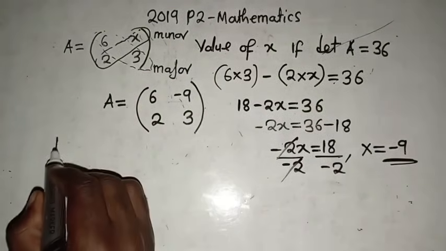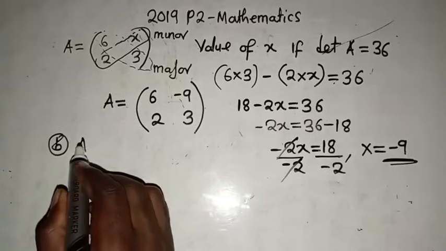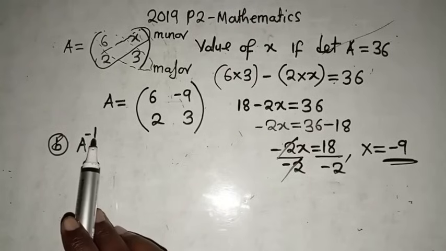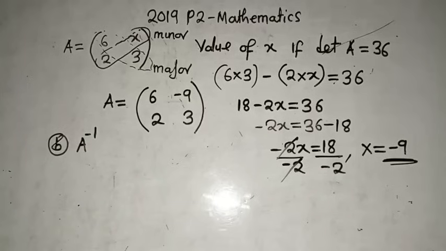The other question, B, you are told to find A inverse. In other words, you are told to find the inverse of matrix A. So A to the power negative 1 is just the same as finding the inverse.